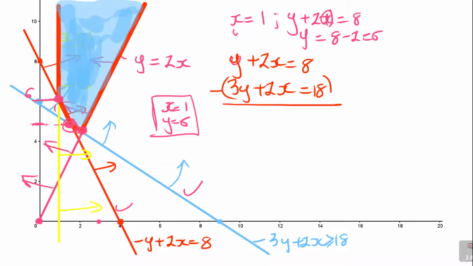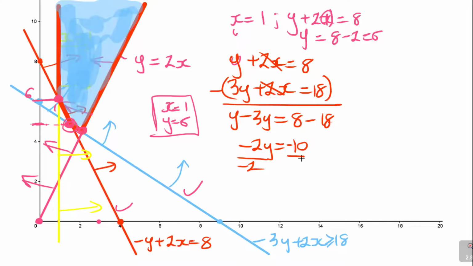Simultaneous equation, you subtract. This is y minus 3y, and then 2x minus 2x, you see it will go, is equal to 8 minus 18. So y minus 3y is minus 2y is equal to 8 minus 18 is negative 10, over negative 2 over negative 2. So y is equal to 5.